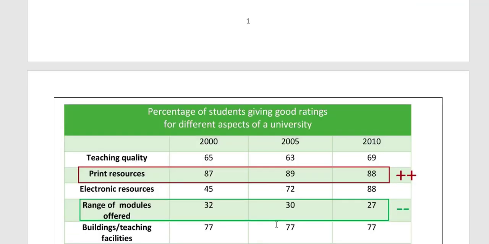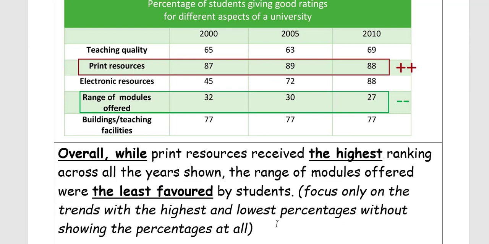All right, now let's focus on the next paragraph, where we need to focus on general trends and we are not meant to show any percentages. So overall, which means generally speaking, while you use the word while when you want to show a contrast, you want to show the difference between the highest percentage and the lowest percentage.